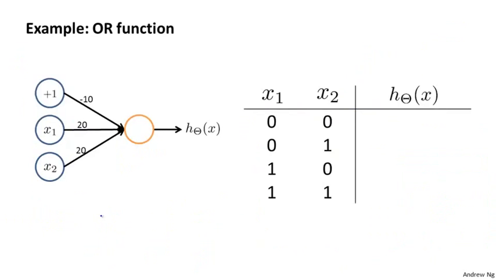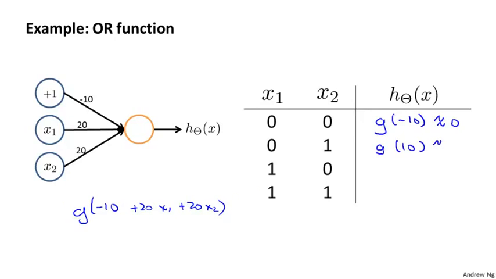Just to show you how I worked that out, if you write out the hypothesis, you find that it's computing g of minus 10 plus 20x1 plus 20x2, and so if you fill in these values, you find that that's g of minus 10, which is approximately 0, g of 10, which is approximately 1, and so on. And these are approximately 1, and approximately 1, and these numbers are essentially the logical OR function.